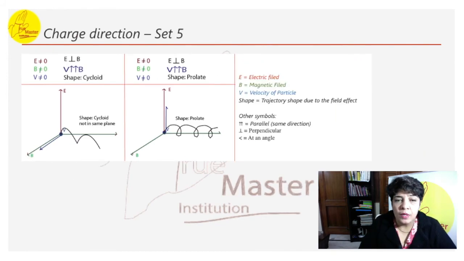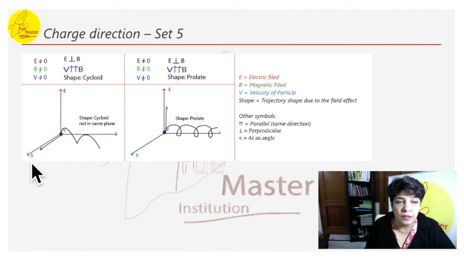Here, in this slide, electric and magnetic field are perpendicular to each other again. So this is the electric field and this is the magnetic field. In case 1, the charge is parallel to the magnetic field. So this charge is actually in the direction of the magnetic field. It's parallel to the magnetic field.